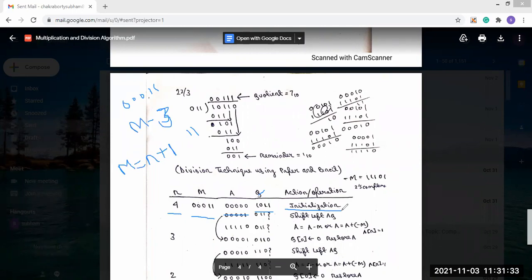So in the next class, I will start from here. The next class will be after Chhat Puja, on 13th November, Saturday.